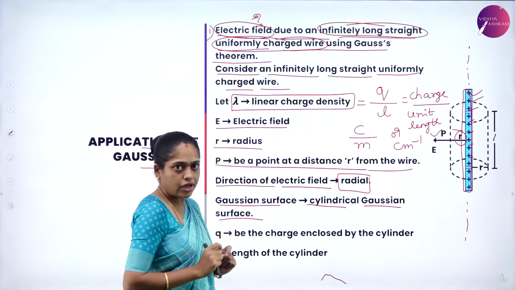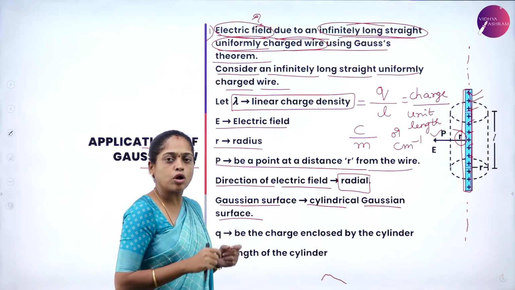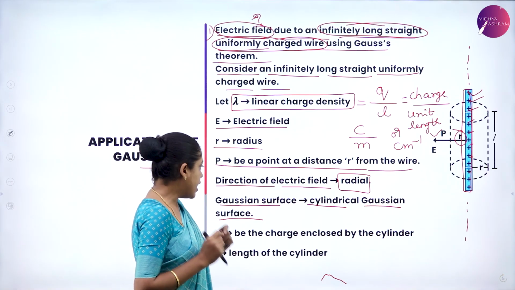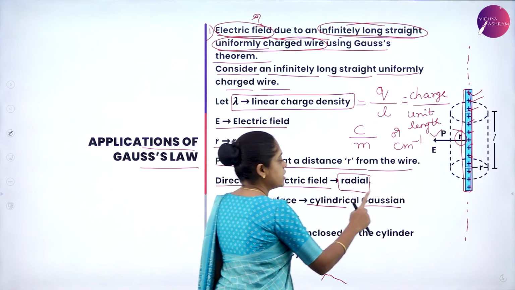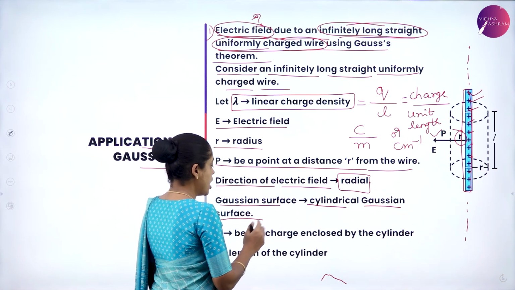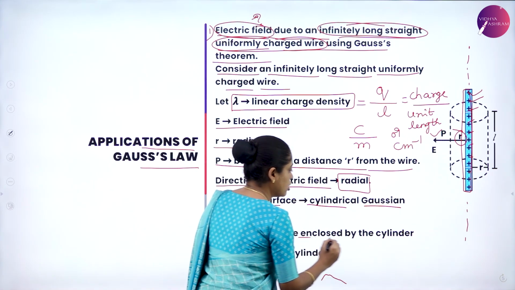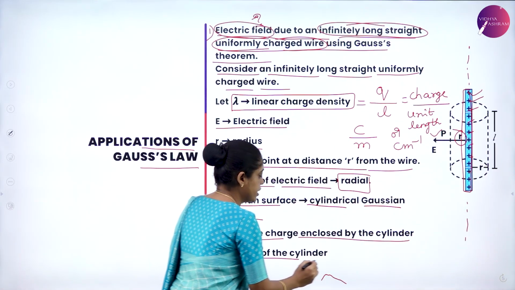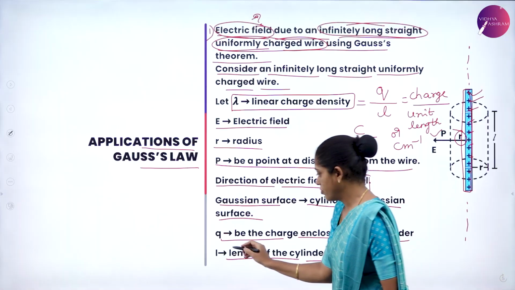So, to apply Gauss law, we have to consider a closed surface, which is an imaginary surface. That surface here is a cylindrical Gaussian surface. And Q is the charge enclosed by the cylinder. The length of the cylinder is L.